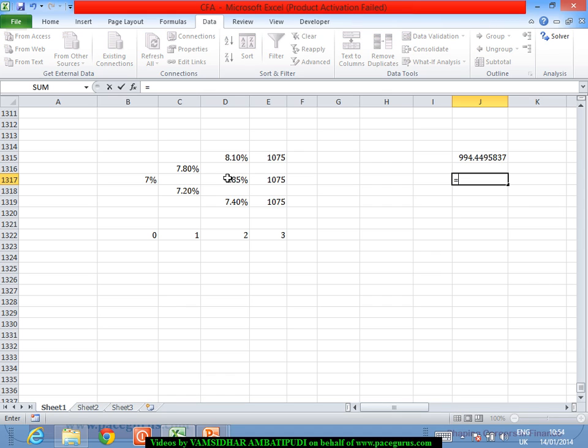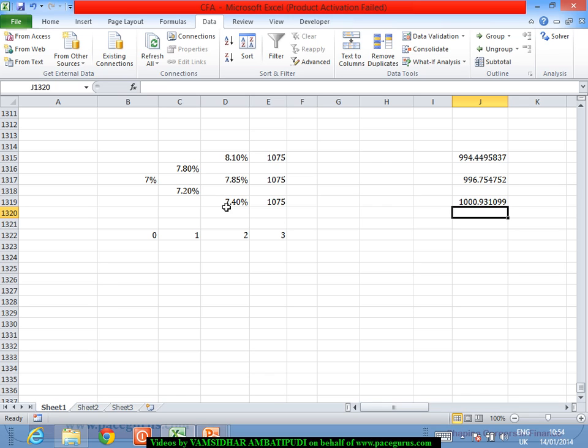Similarly, if at the end of 2 years the interest rate had been 7.85, then the present value would have been 1075 divided by 1.0785, which would take it to 996, and the same logic applied to 7.4% will take the value of the bond to around 1000.93.